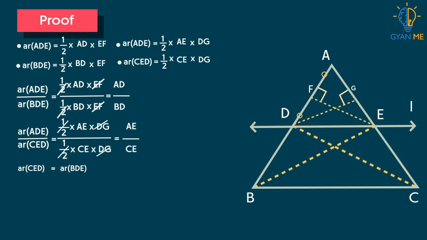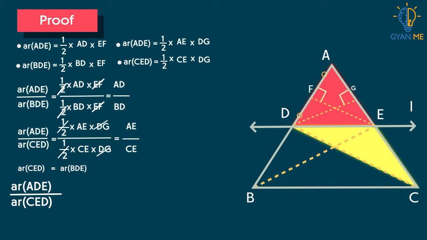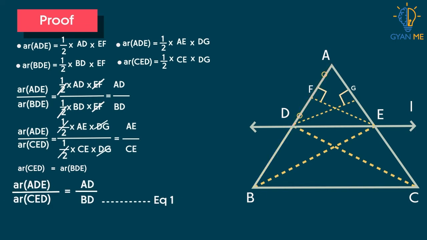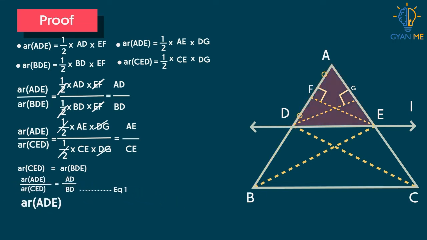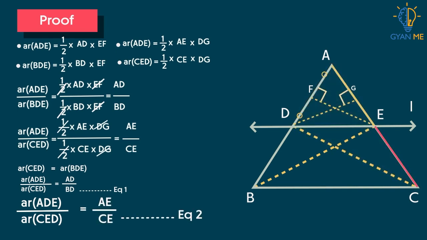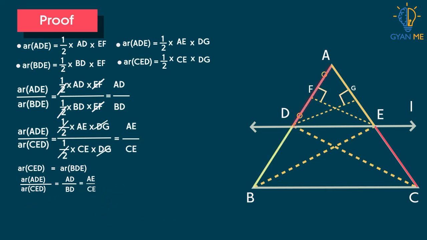So our equation 1 is area ADE upon area CED is equal to AD upon BD, and equation 2 is area ADE upon area CED is equal to AE upon CE. Thus, we can equate 1 and 2 and say that AD upon BD is equal to AE upon CE.